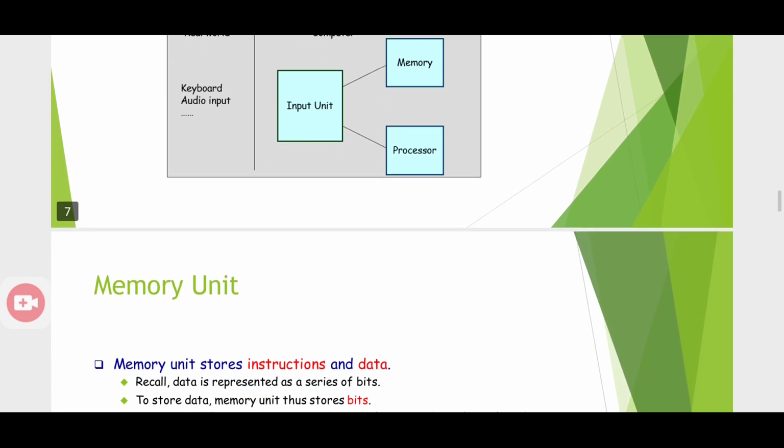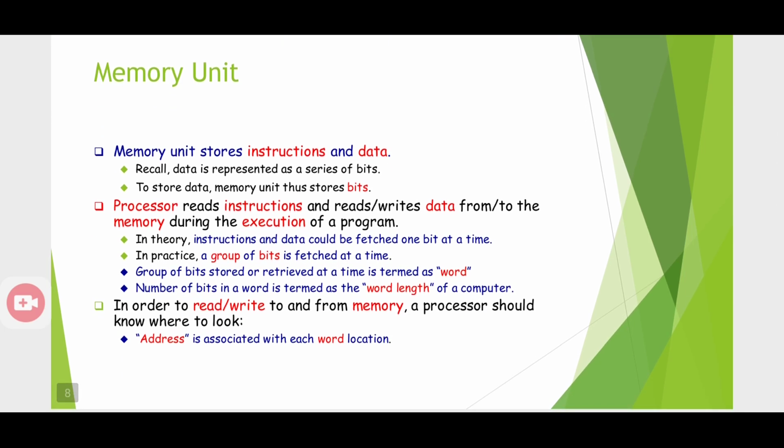The next one is the memory unit. For what purpose are we using the memory unit? The memory unit is used for storage, for storing something. It stores instructions as well as data. Data is what we give into the system, and instructions are the commands used for performing some processing.